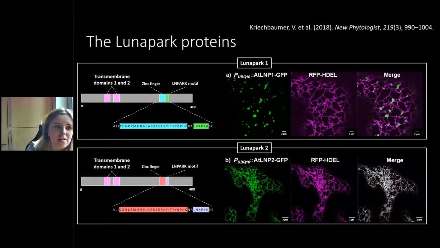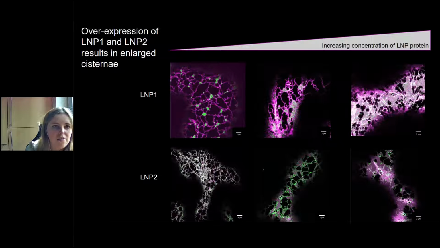These Lunapark proteins are characterized by 2 transmembrane domains, a zinc finger and a Lunapark motif. What we find is that when we increase the expression of Lunapark 1 or Lunapark 2, we get an increased proportion of cisternae in the ER network.